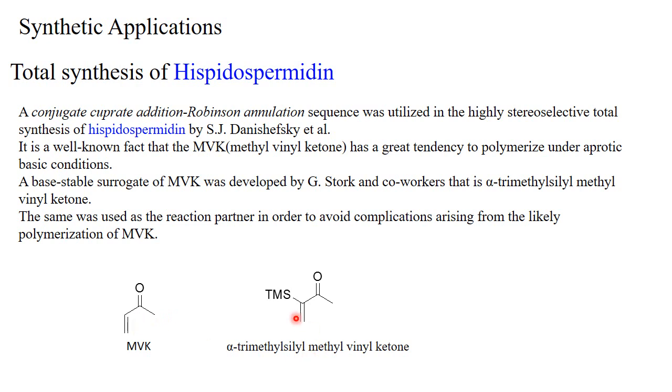So there is another resembling compound, that is a base stable surrogate of MVK. That resembling compound was developed by G. Stork and his co-workers, and the name of that resembling compound is alpha trimethyl silyl methyl vinyl ketone.